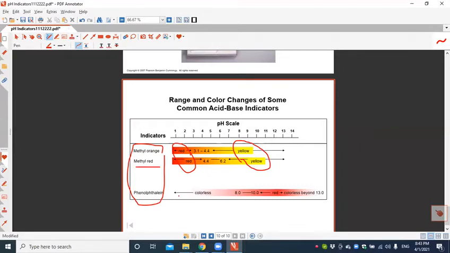Phenolphthalein has the opposite color: in acid it is colorless, but in base it is red.